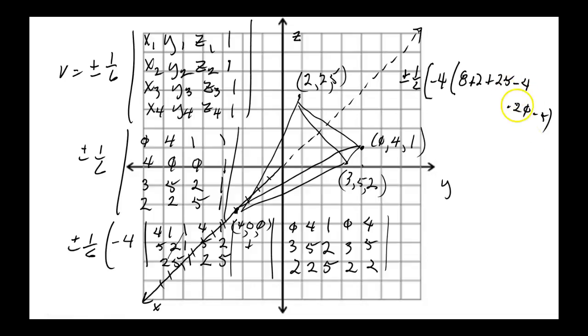Now, I happen to look at this and see a minus 25 here and a plus 25 there, and a minus 4 and a plus 8, so that's going to be a 4. So this one so far is a plus 6 in there. Negative 4 times 6. We'll come back to that in a second.